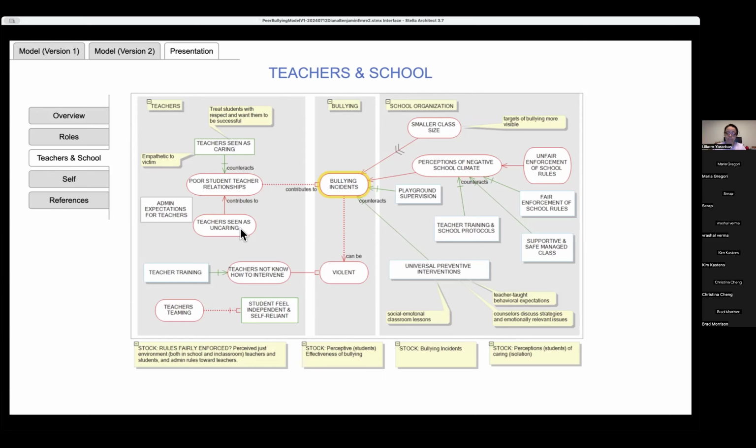And I suggested, and I think everyone thought it might be a good idea, that we just take two pieces and connect them with a feedback. Now, there's a lot going on over here in school organization, but we didn't want to add too many stocks at the beginning. We wanted two main ideas, and then we wanted to connect those two main ideas with a feedback. And then we could start adding more. That was our idea.